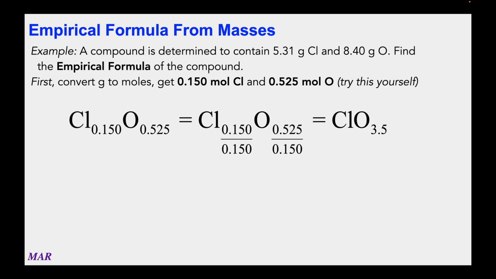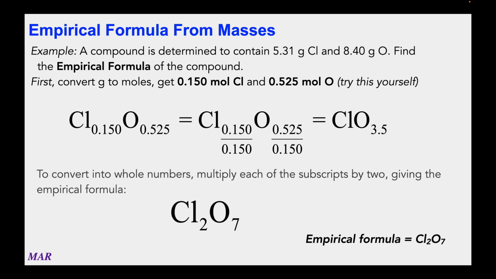So this is better. I mean, we've got whole numbers now for chlorine, but oxygen 3.5, gotta get rid of that, gotta have whole numbers. So we'll multiply both of those through by 2. That means it's going to be not 1 to 3.5, but 2 to 7.